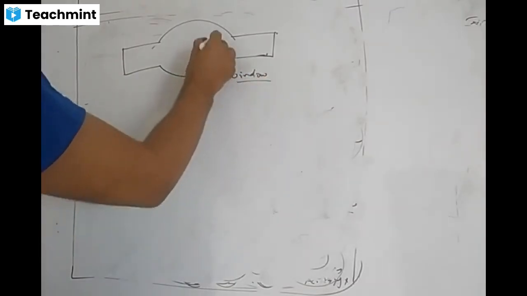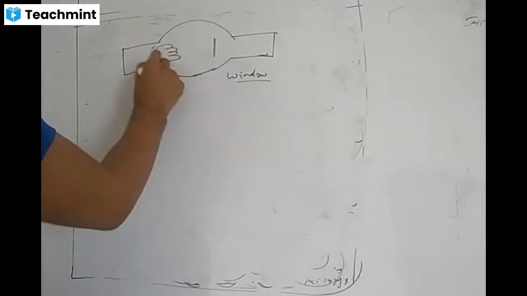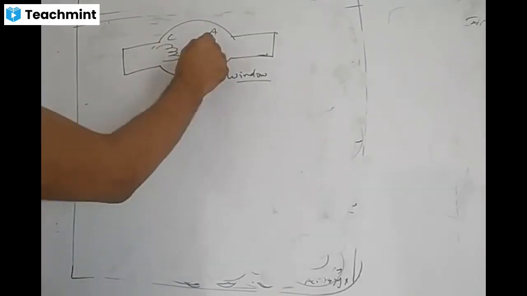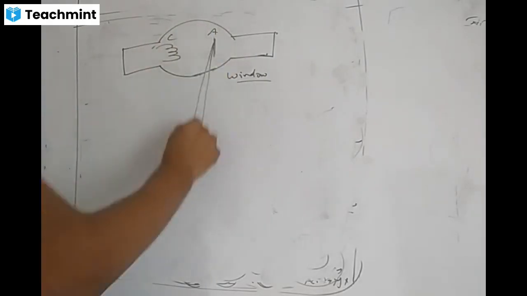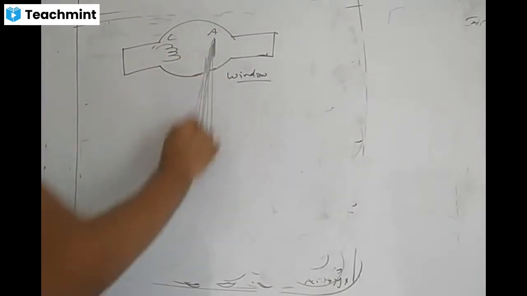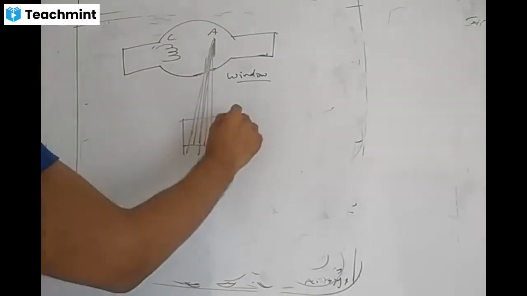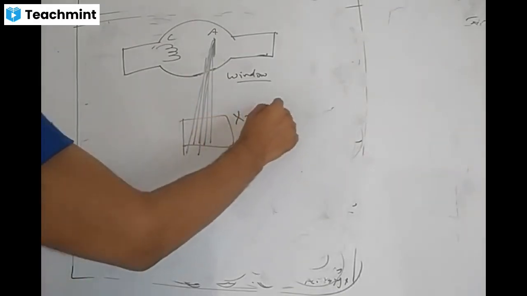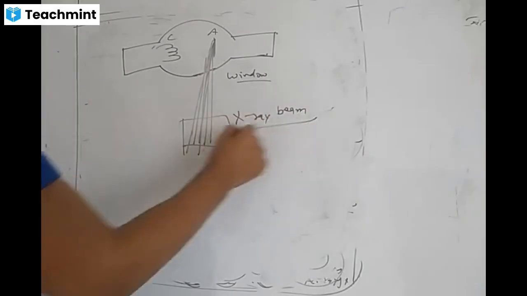This is the anode, and this is the cathode. From this window, what is coming out? This is coming out, and this complete thing is called the X-ray beam.